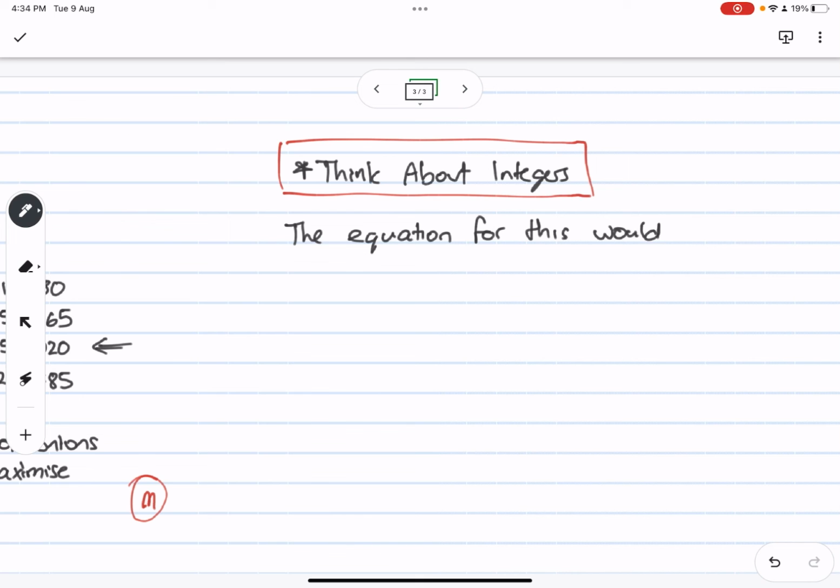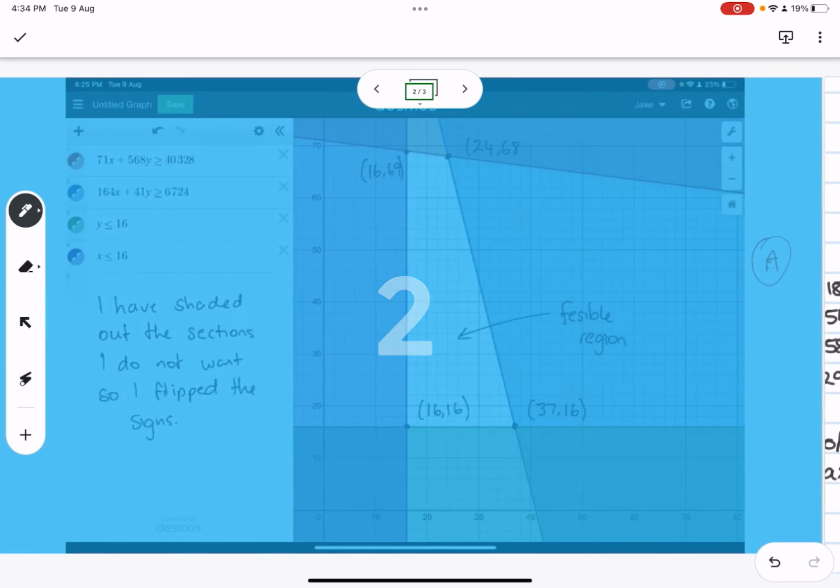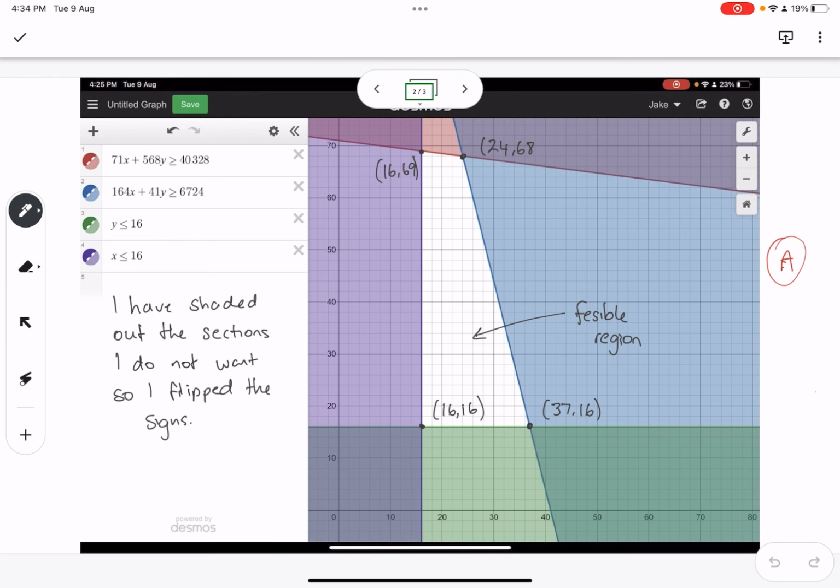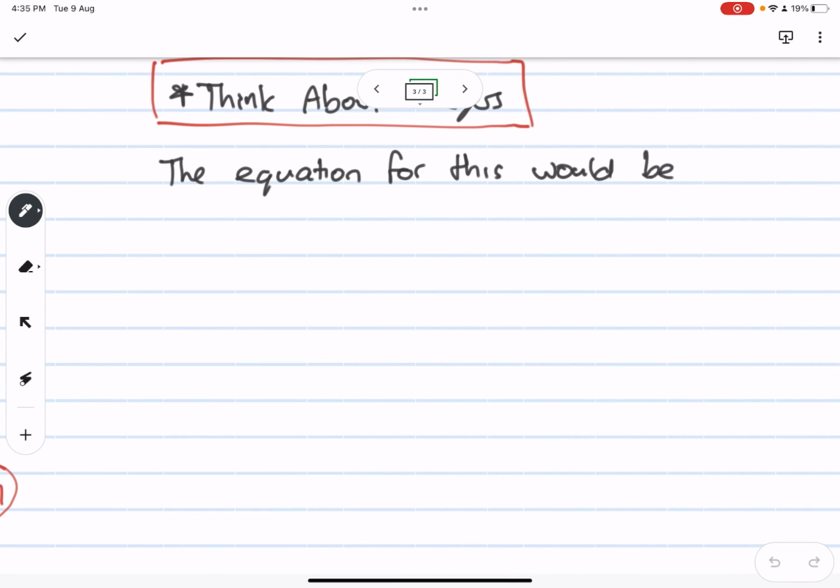So the equation for this part would be, and let's have a look at our graph. Anywhere along that blue line is our line of critical points, the part that satisfies the condition and gives us the maximum profit. So that blue line is 164x plus 41y has to be greater than or equal to 6,724. So the equation is 164x plus 41y equals 6724, because it ends up being on that line.